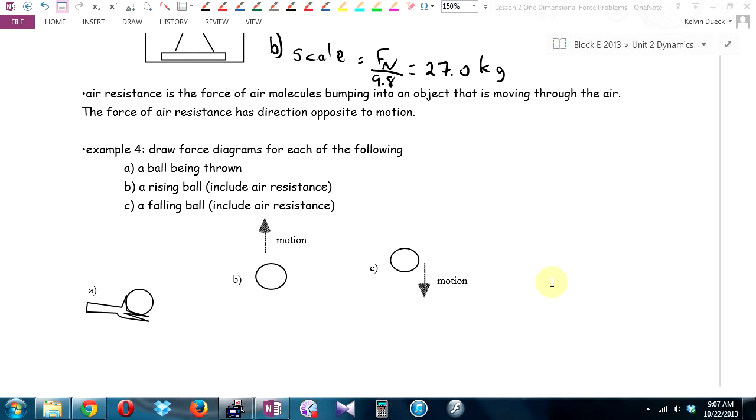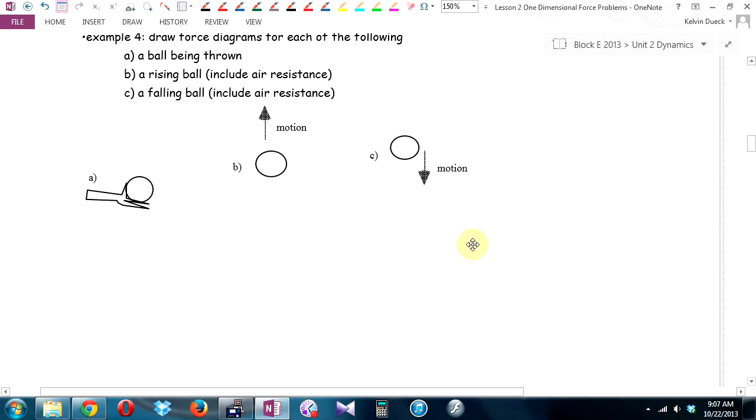It says draw a free body diagram. Okay, we can do that. So let's do situation A. Let's represent the mass with the dot. What are the forces acting on it? Get the obvious one. mg down. While you're throwing a ball, while it's in your hand, which way is the ball accelerating?